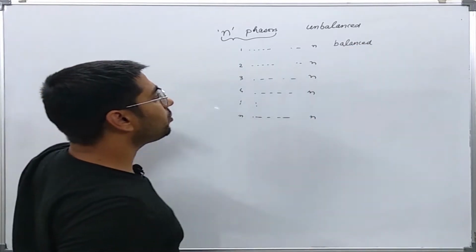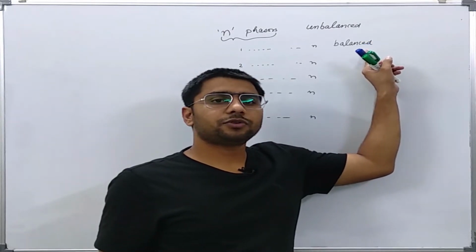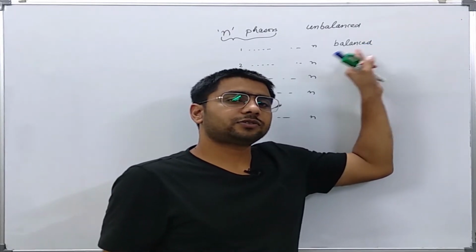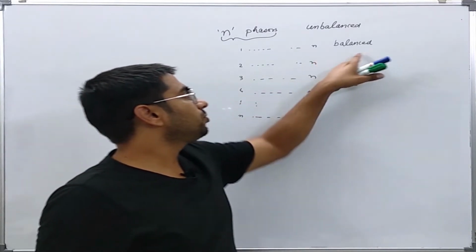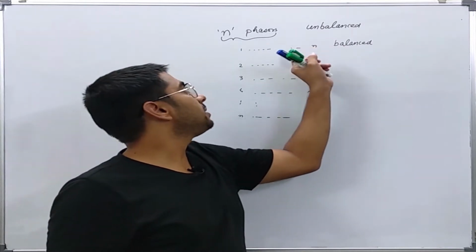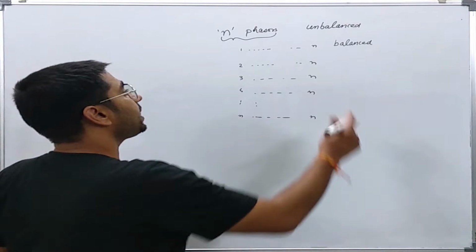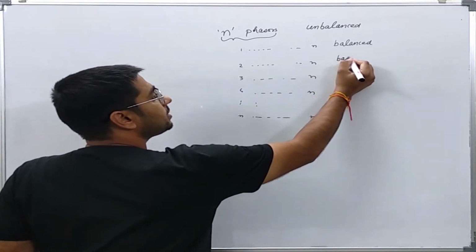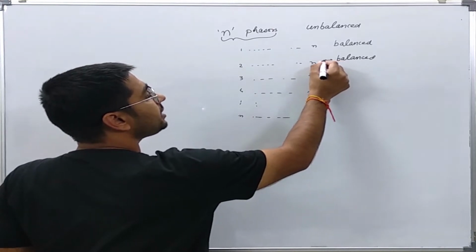Now, if you want to know the definition of the word balanced, you should watch one of the earliest lectures of this course in the beginning. However, just to briefly review, balanced means that these phasors have equal magnitude and similar phase angles. So all the phasors in each set will be balanced with each other.